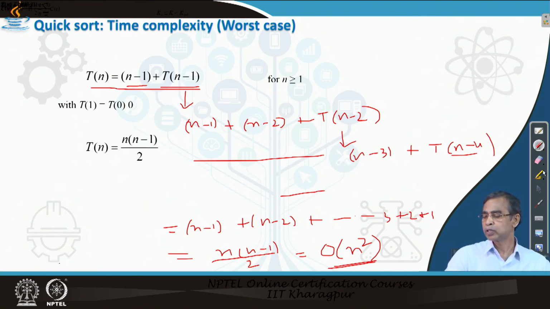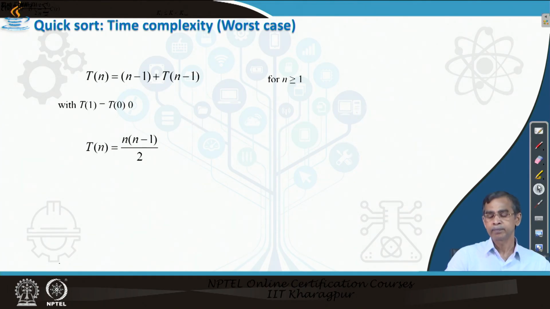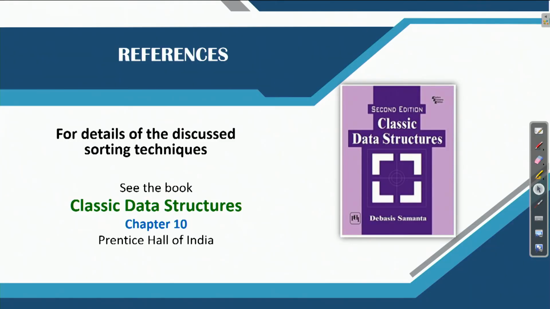Definitely quick sort works worst when the input list is sorted, but that depends. In most cases we have to sort a list which is not in any order, so that case is rare. This way it will not be a big issue, and that is why it is called quick compared to the other sorting algorithms.